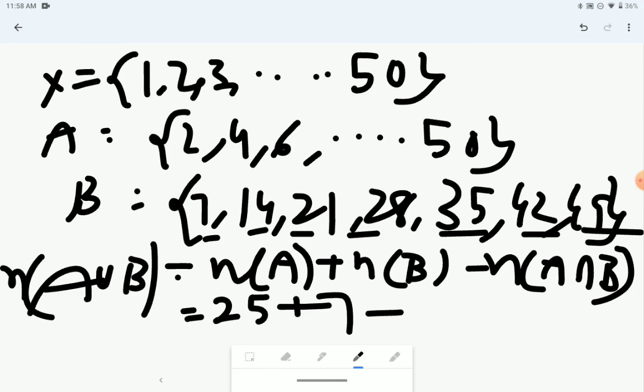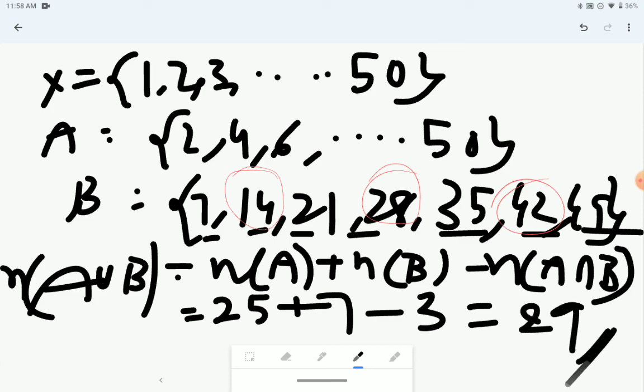How many will be there? You should be finding the multiples of 2 in B. Let's find out. 14, 28, 42. These three. That means the common part will have 3, which comes out to be 29. So the answer is 29. This is a JEE Main question.